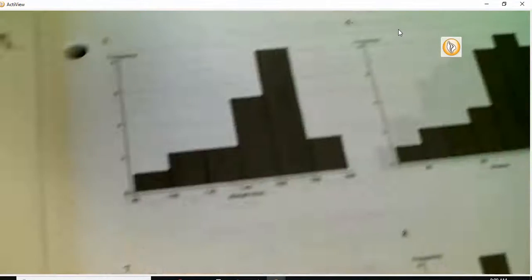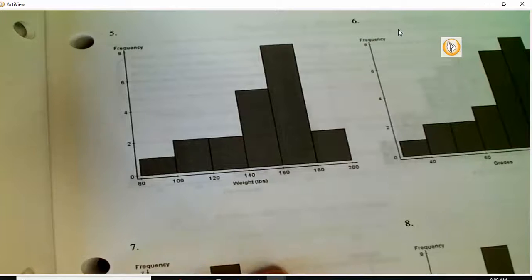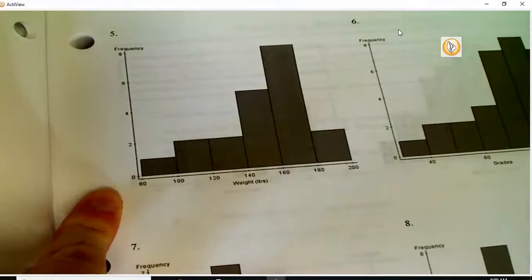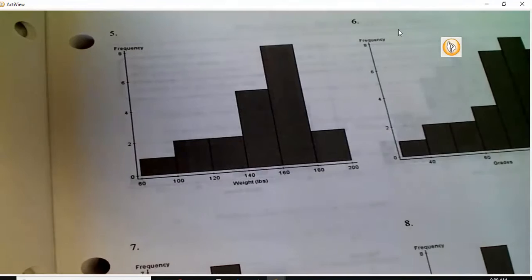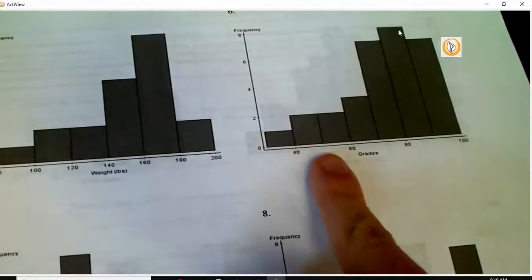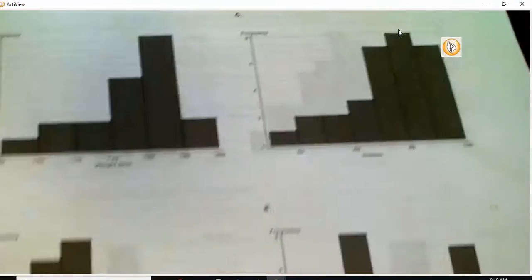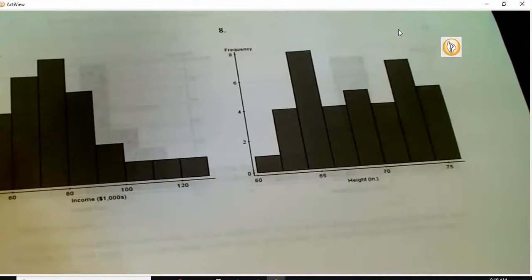Uniform. You have more points off to the left. Left and right, put an L and an R on your hand. So it's going off to the left. Skewed to the left, it's going off to the left. Going off to the right.